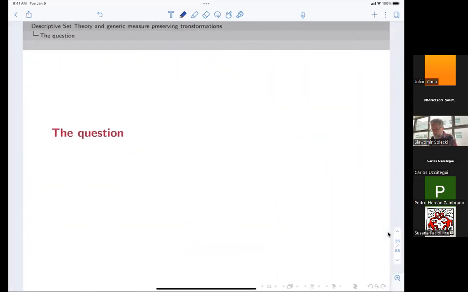So the question was, is that possible? But of course, if you want to ask a question of this sort, you have to have a good guess. So if you say that for a generic T you get a single group, you have to have a guess what this group will be.